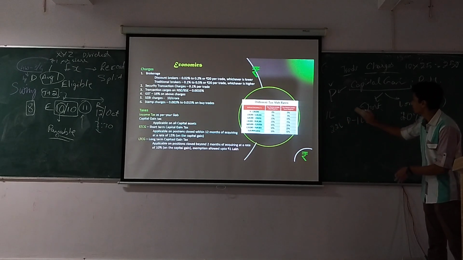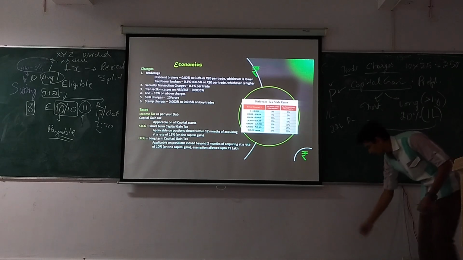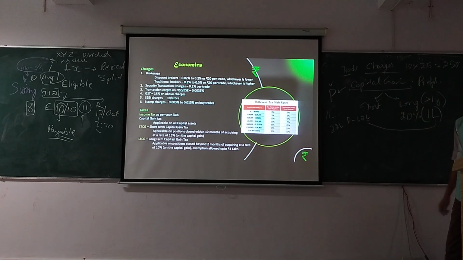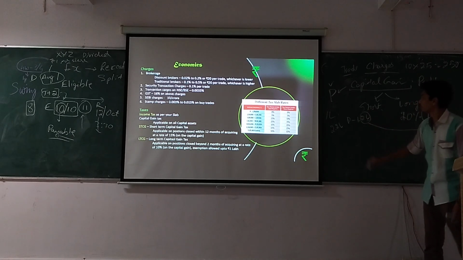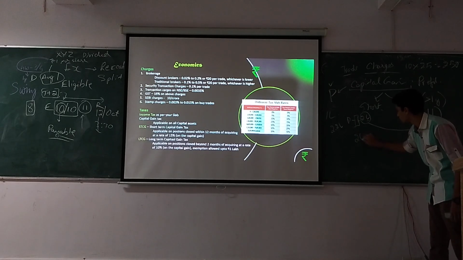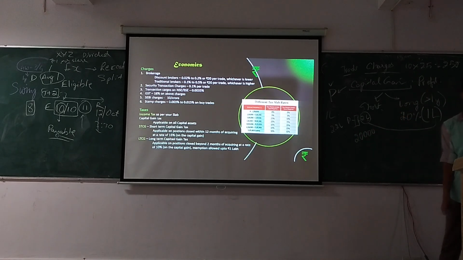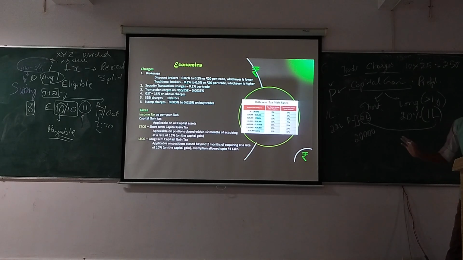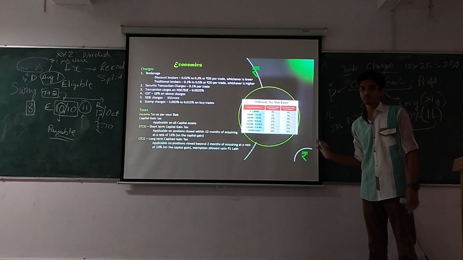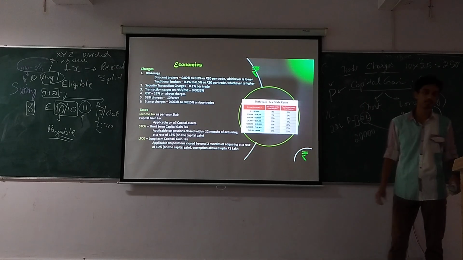Now your profit will be 1.2 lakh. So you will have to pay the LTCG on 0.2 lakh. 1 lakh is exempted, so only on 20,000 you are going to pay LTCG. So investing in the stock market is relatively very rewarding when compared to other traditional assets.